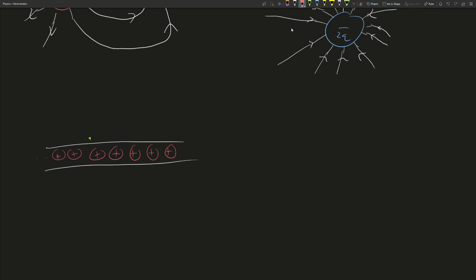So that means the net force here is always going to be perpendicular to this plate. So we have field lines here that are evenly spaced and going perpendicular and straight away from this plate, assuming that this plate extends infinitely far.